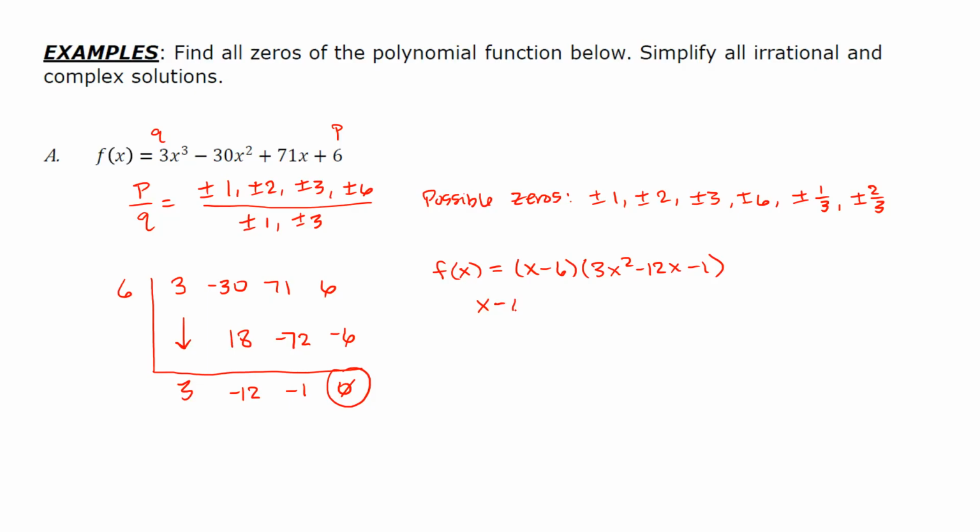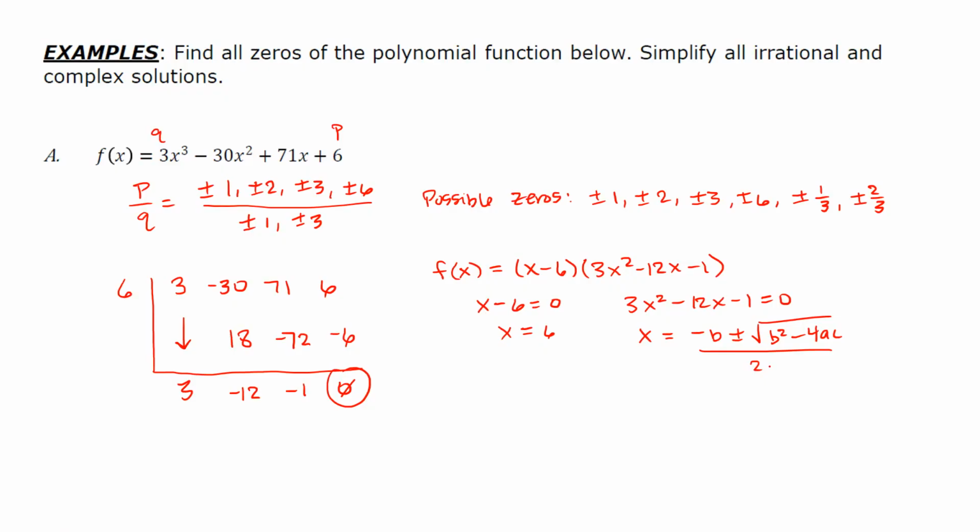So we'll set x minus 6 equal to 0, and we know that that zero is 6. And when we set 3x squared minus 12x minus 1 equal to 0, we can't write it in factored form, so we're going to use the quadratic formula to help us find the x values that make our equation statement true.